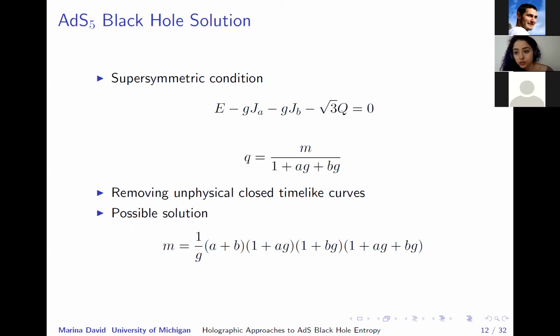One possible way to remove these unphysical solutions is to consider a supersymmetric solution along with an additional constraint on the parameter corresponding to the mass. Now our family of solutions has become just a two parameter family, a and b.